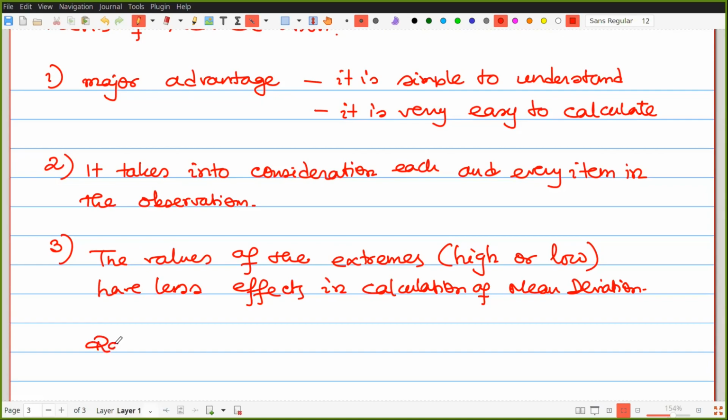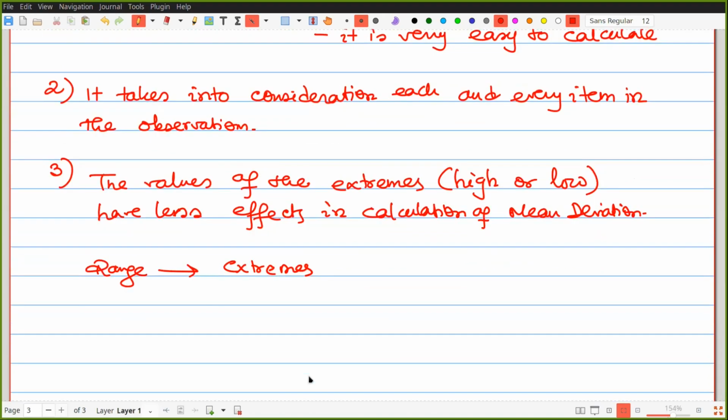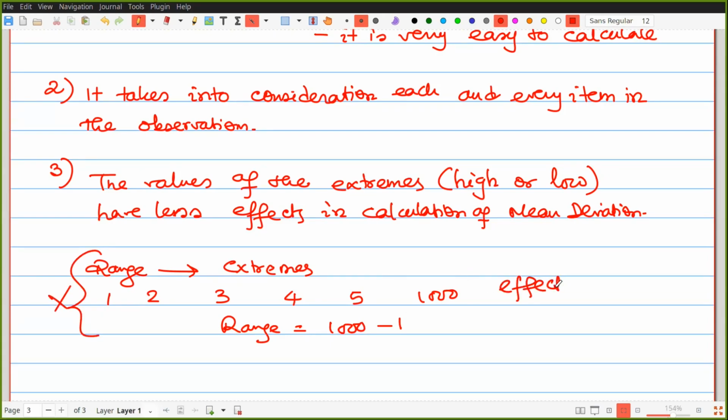When we have range, there is a big effect for the extremes. Suppose we have values like 1, 2, 3, 4, 5, 10,000. So extreme high. The range would be 10,000 minus 1. So here the effect is very much affecting the range. But in the case of mean deviation, there are less effects for the extremes.